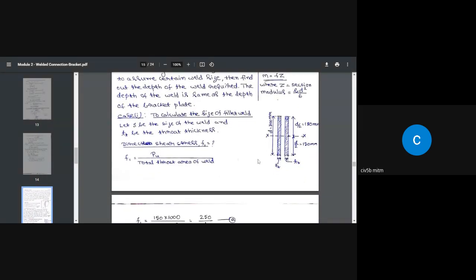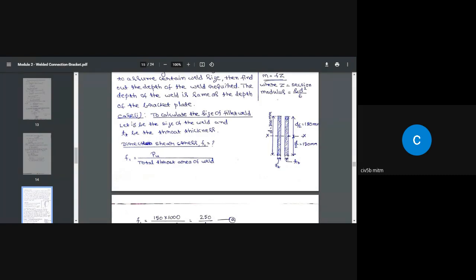We'll find out the F1 value, that is the direct shear stress F1. F1 is given by PU divided by the total throat area of the weld. If S is the size of the weld, TT is the throat thickness.